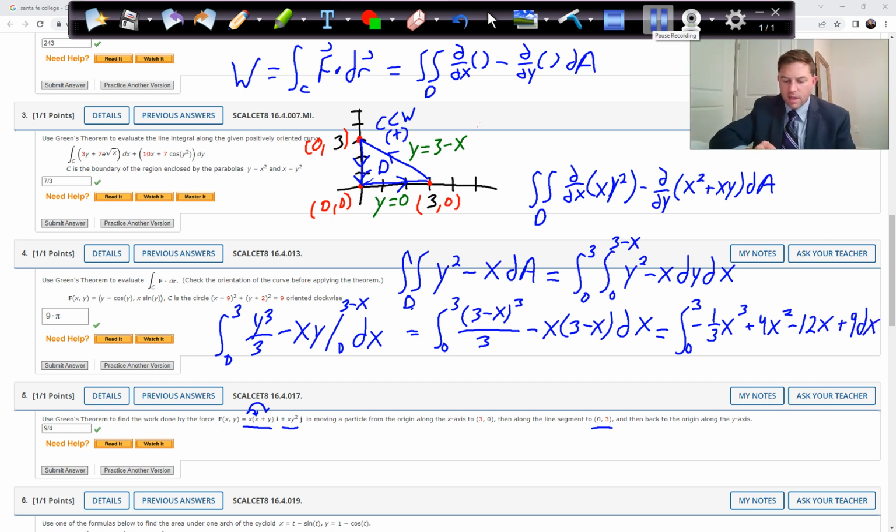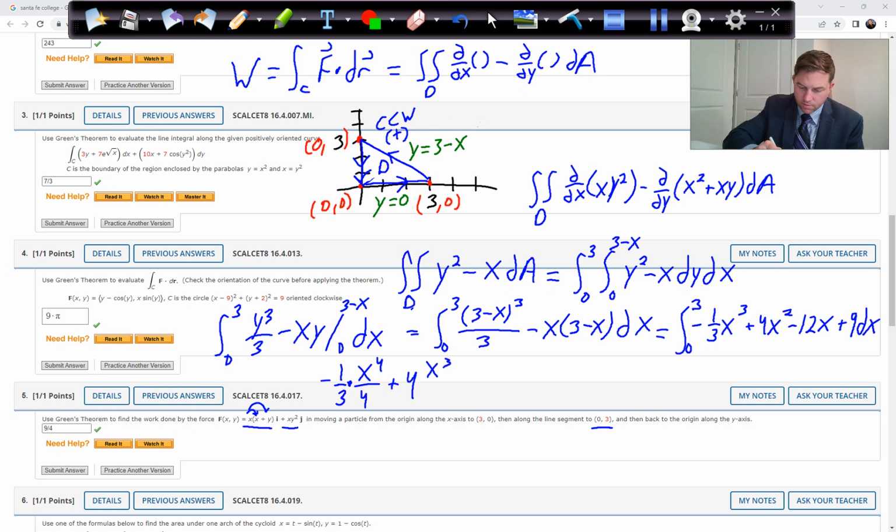Then when you take the antiderivative of this, you should get minus 1/3 x to the 4th over 4, plus 4x cubed over 3, minus 12x squared over 2, plus 9x, and all of that is evaluated from 0 to 3.